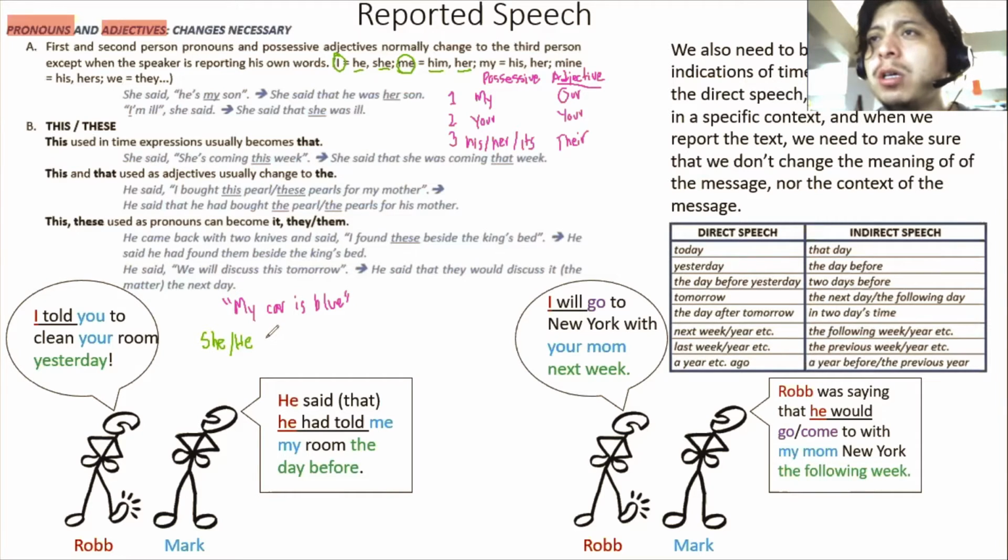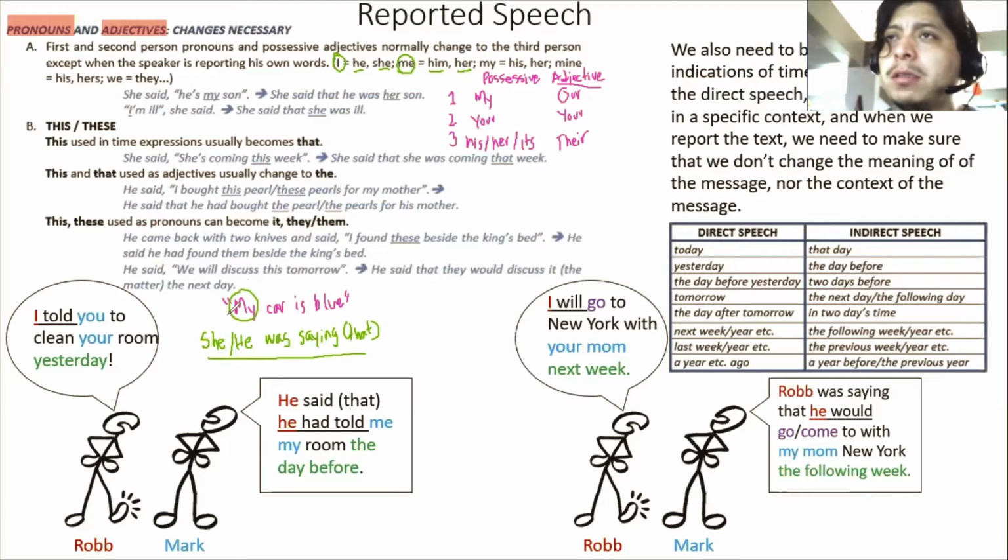He or she was saying that, all of this is the introduction clause, okay? And then this is in the present, we change it to the past. But when they say my car, I don't know if she said my car or if he said my car.